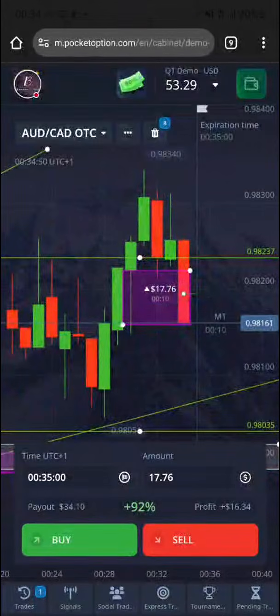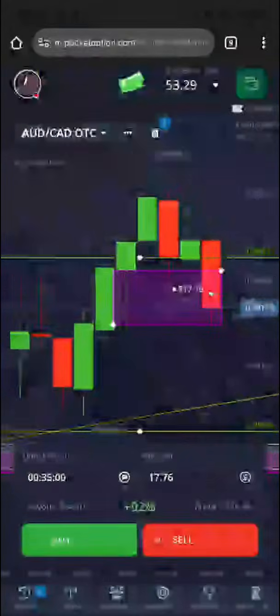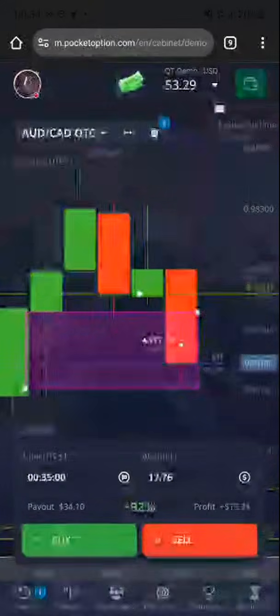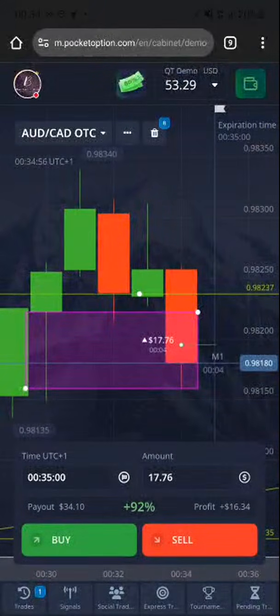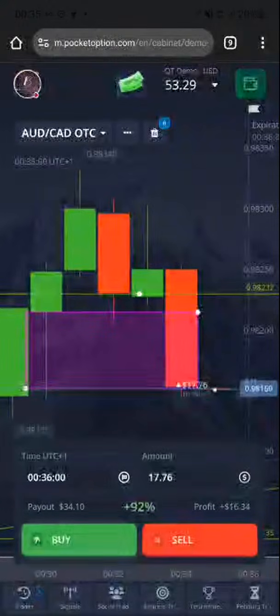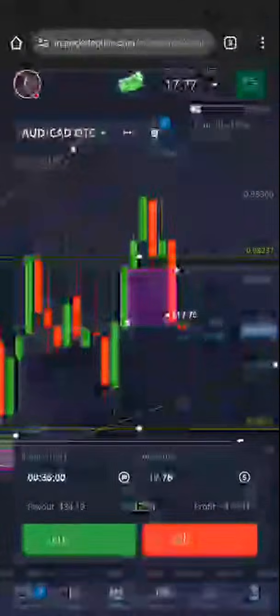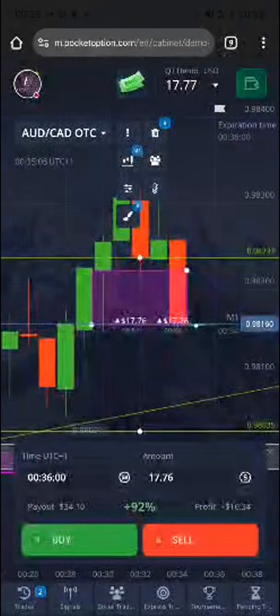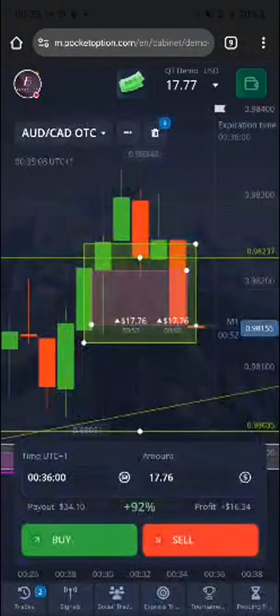Oh, the sellers have. Okay, let's see. I'm still expecting a push to the upside, though there are some buyers that just entered the market, but I'm going again. I'm expecting those buyers to come in now. Let's see if they come in finally. The buyers are on this level.